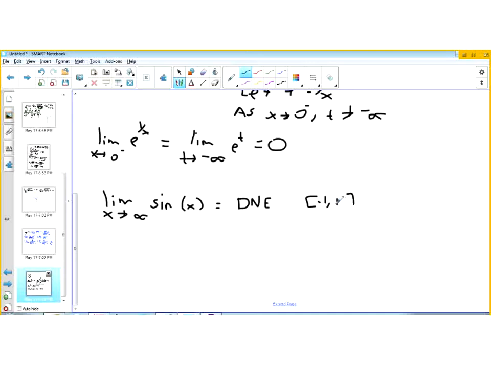So we can never nail a particular value for the sine function. And this is due in large part to the fact that the sine function has no horizontal asymptotes, nor vertical asymptotes.